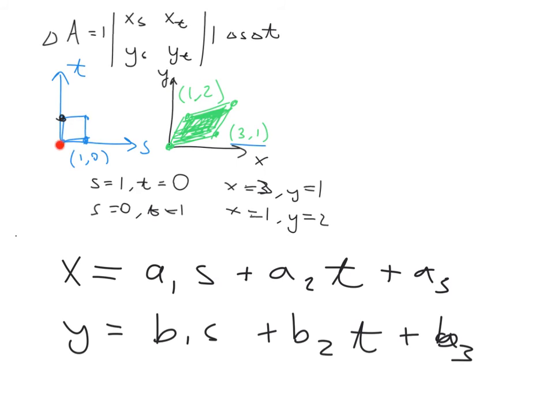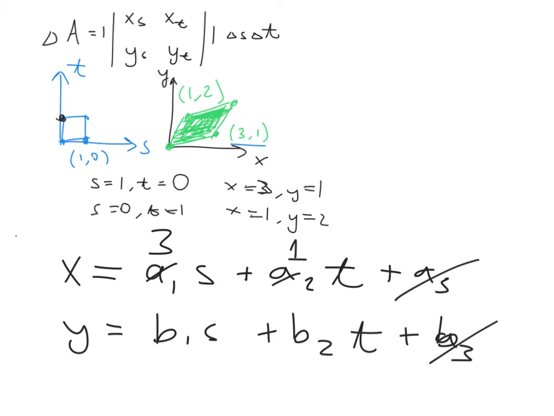Now in this case, we want 0, 0 when s and t are 0, 0, so these shifts should both be 0. And so given the coordinates that we want, when s is 0, so a1 isn't playing a role, and t is 1, we want x to be 1, so that means a2 should be 1. And when s is 1 and t is 0, we want a 3, so a1 should be 3.